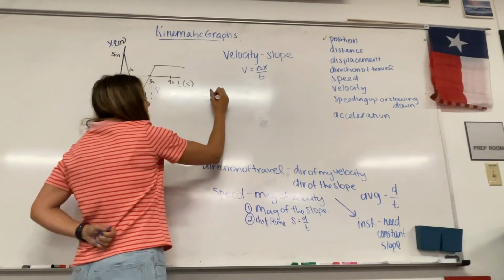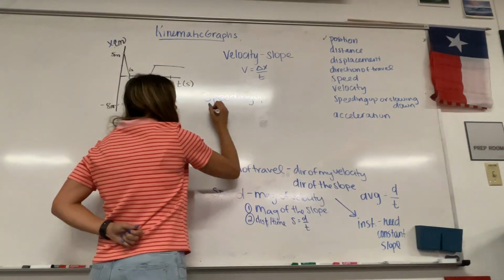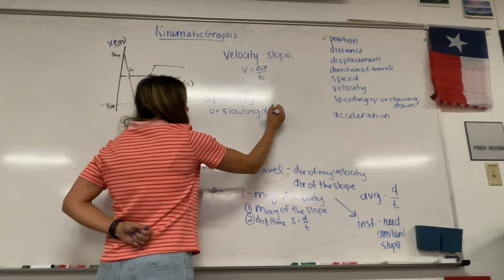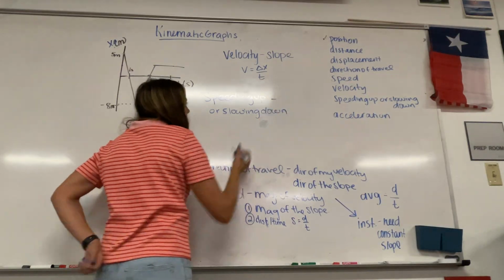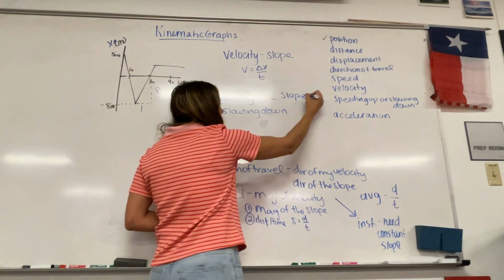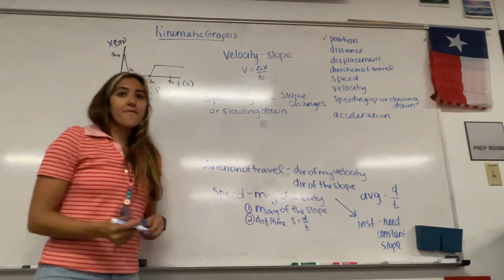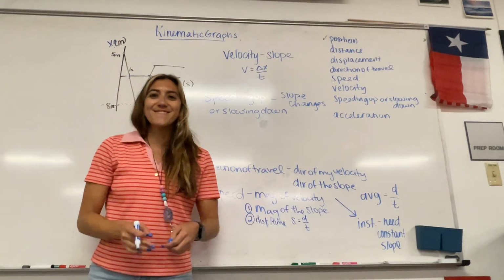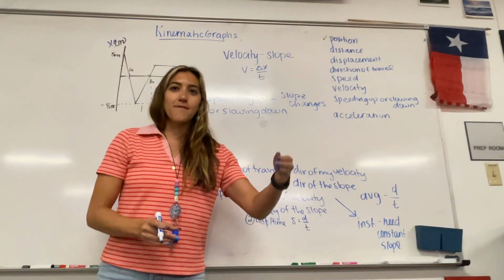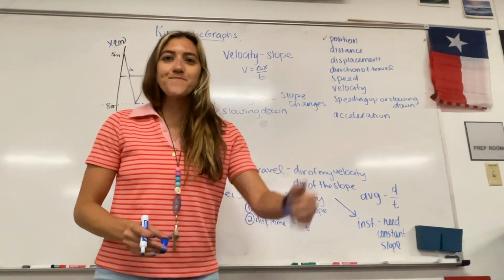What about speeding up or slowing down? So this is when my slope changes, right? My slope is velocity. So if I want to speed up or slow down, that would be a change in my speed, which is the magnitude of velocity. So it'd be a change in my velocity, right?